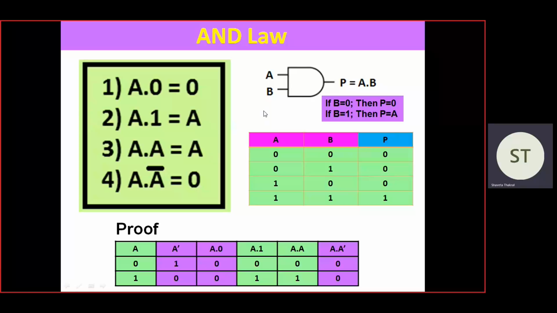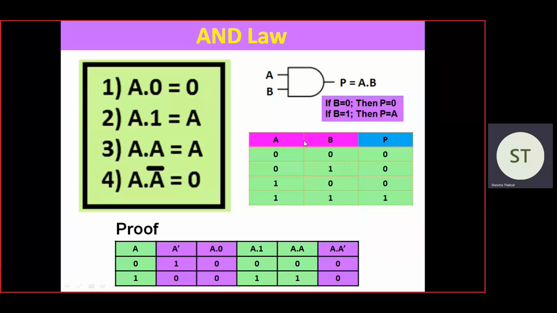In the last lecture we discussed the logic symbol, the Boolean expression, and the truth table of the AND gate. We can see here the logic symbol of the AND gate. Here A and B are inputs and P is the output, and the Boolean expression is P equal to A dot B. This is the truth table we discussed in the last lecture.